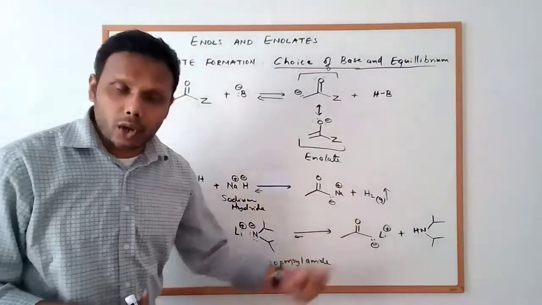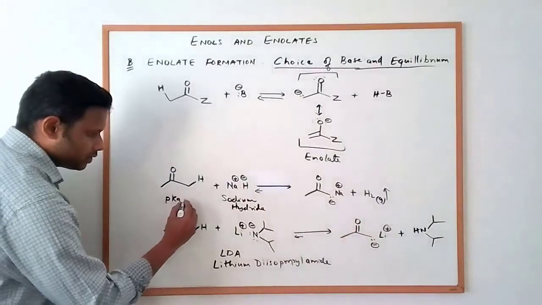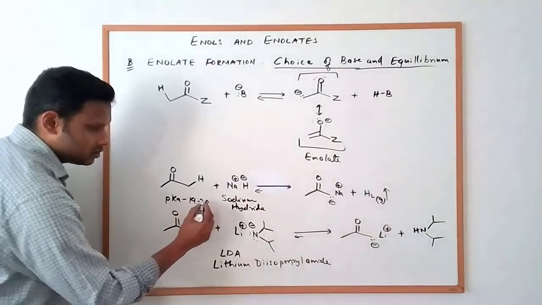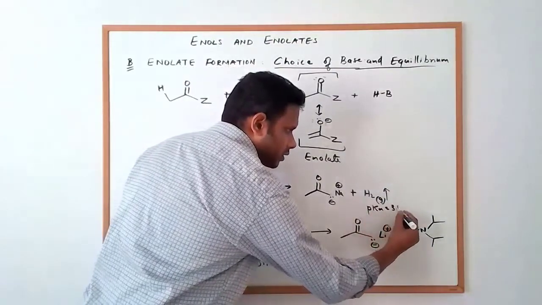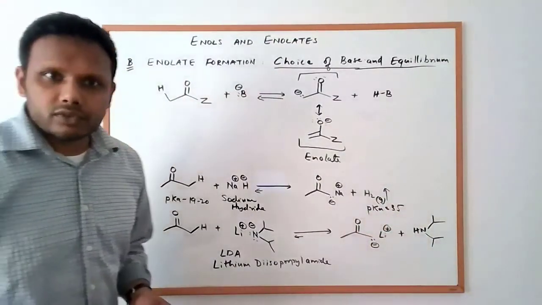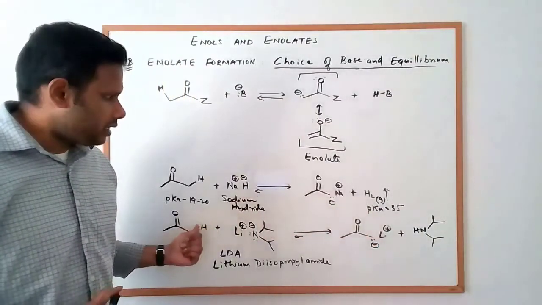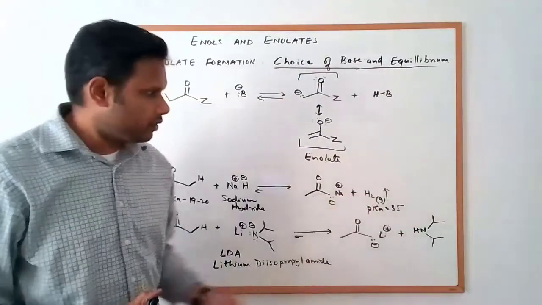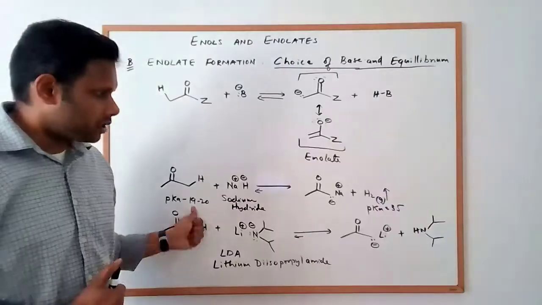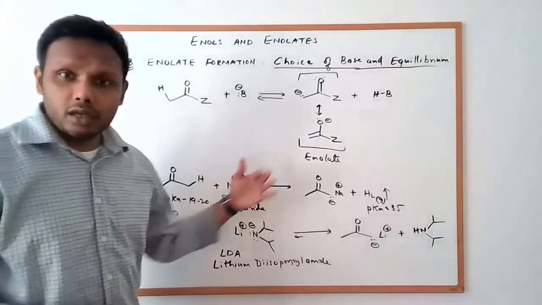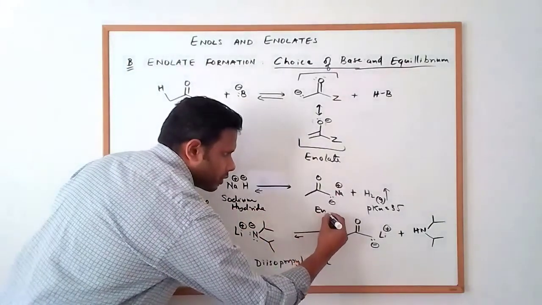Even if that did not happen, the pKa for these compounds, as we know, is in the 19 to 20 range, and the pKa for hydrogen is around 35. So even if it were to stay, because of this vast difference in the pKa's, this reaction is going to be favored towards the product. Our stronger acid is on the reactant side, so the formation of the enolate product is favored here.